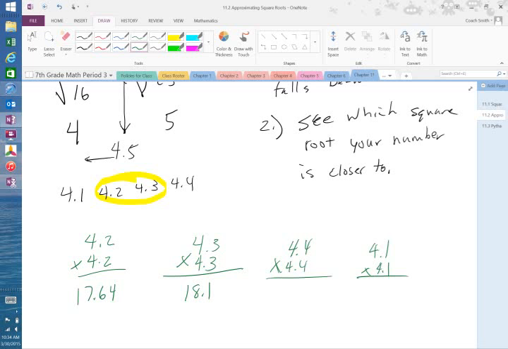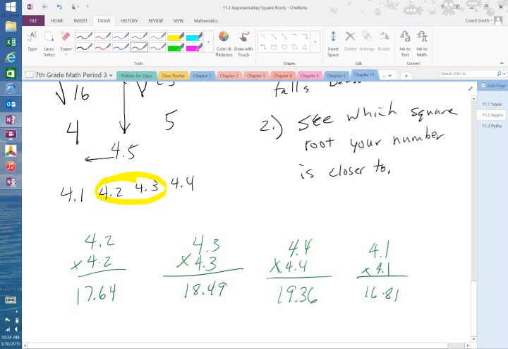Y'all got to decide. I need an answer that y'all agree on. 19.36. What's 4.1 times 4.1? 16.81. Okay. And what do we get for 4.3? 4.3 would be 18.49. Okay.